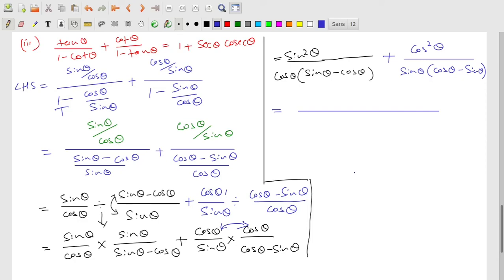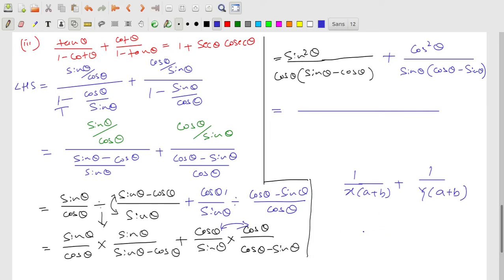See here, if you have 1 by x into a plus b, let me take a plus b, plus 1 by y into a plus b, right? So then what is the LCM here?